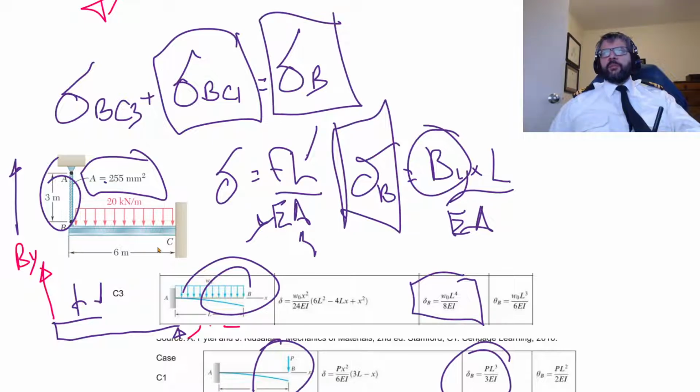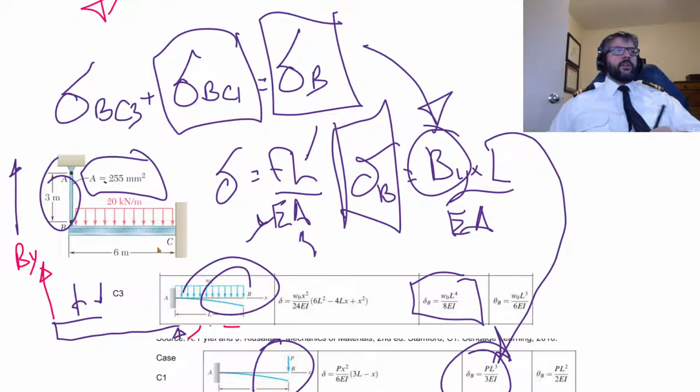And then that B here goes into the formula for BY, which goes into that formula there for the displacement at B.